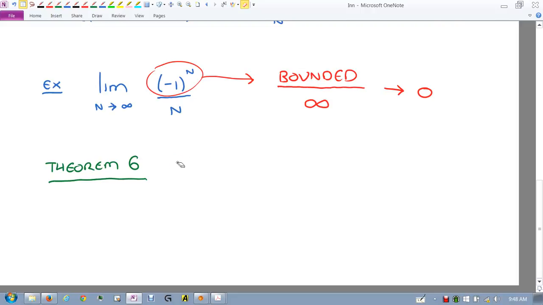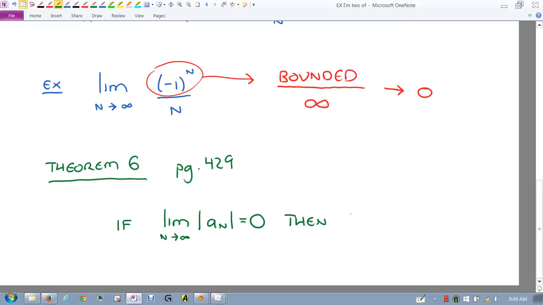So if the limit as n goes to infinity of the absolute value of a sub n equals 0, then the limit as n goes to infinity of a sub n equals 0.